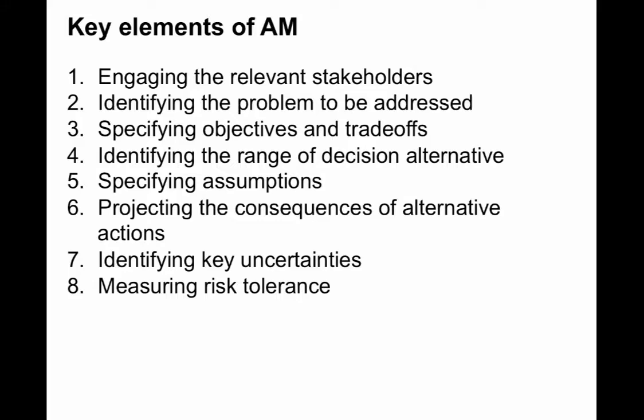Or what happens if we integrate or use some specific restoration tool such as prescribed fire? What kind of risk do we have, and how are we going to measure that risk tolerance for using that specific treatment? These are all things we need to really take into account, and adaptive management allows us to really focus in on.